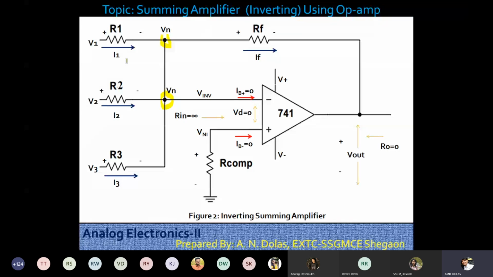Then V2 through R2 is connected to the same node, and V3 through R3 is connected to the same node. Considering V1, V2 and V3 positive, what is the value of Vn? Vn will be 0, because as no current passes into the op-amp, there will not be a drop across R-com. So the non-inverting terminal will be 0, and by the virtual ground concept, the inverting terminal voltage will also be 0. Therefore, Vn is equal to 0.